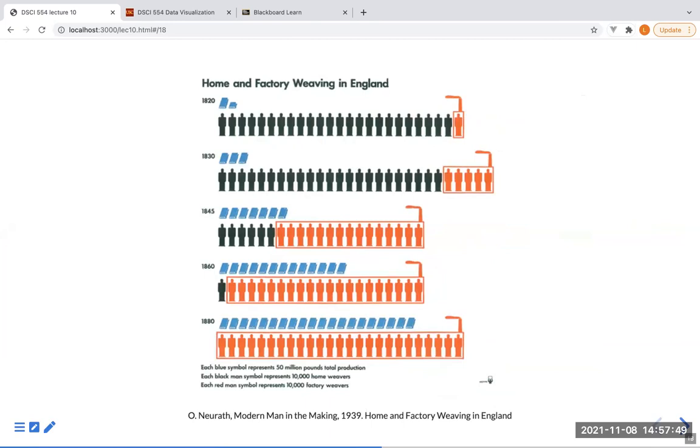So this is a chart that Otto Neurath is credited with, that is fairly famous, from the 1800s. And what it is showing is basically a stacked or staggered bar chart, right? Because we have bars here and bars here that are all built with symbols.